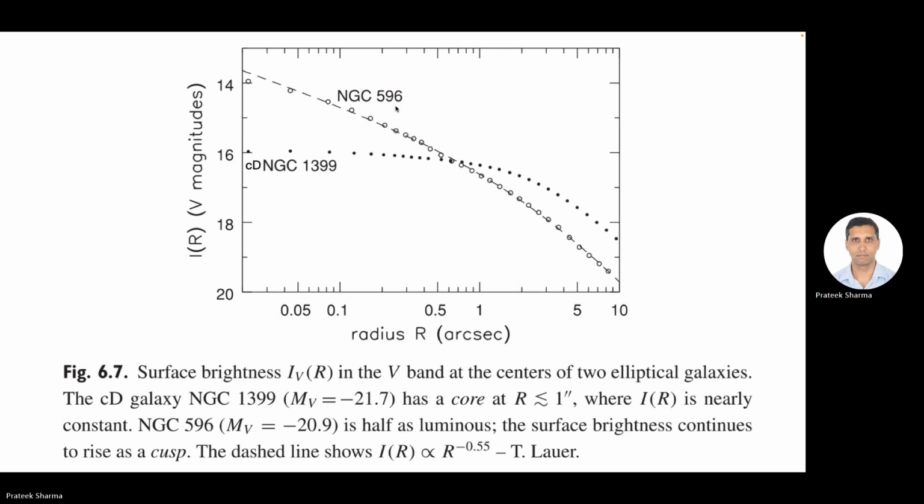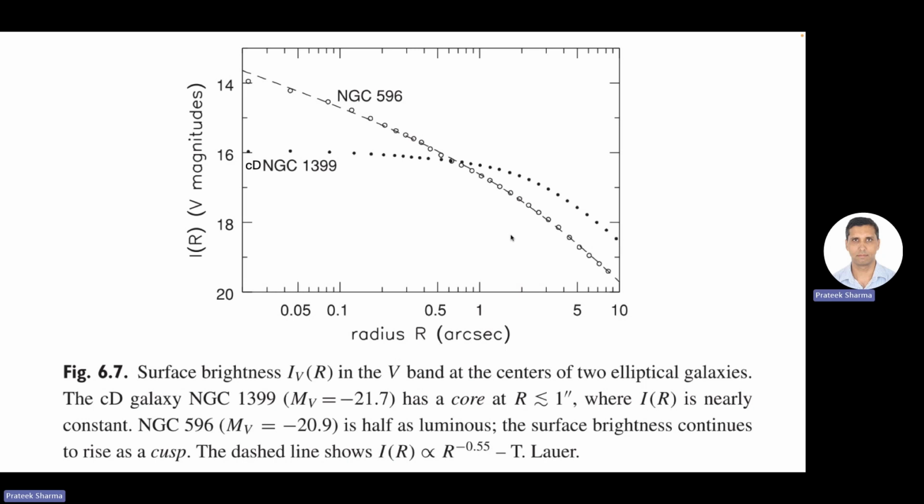Wrong. So luminous means the total amount of light is larger. You see, it is brighter at the center, but luminosity is the area under this curve. And you see these large values at large radii. The area under the curve for this one will be higher than this one, even though it's bright at the center.